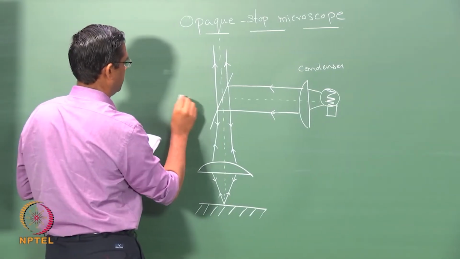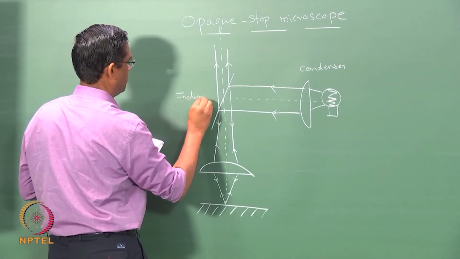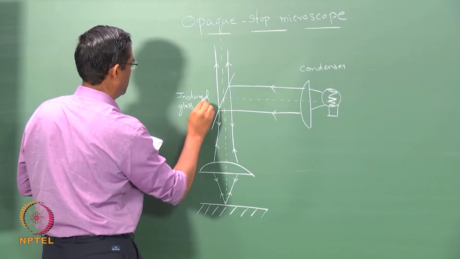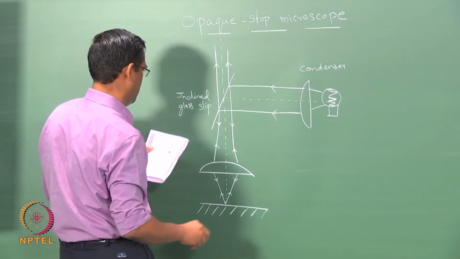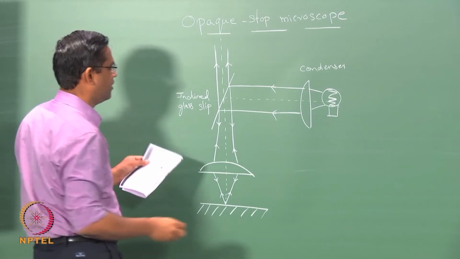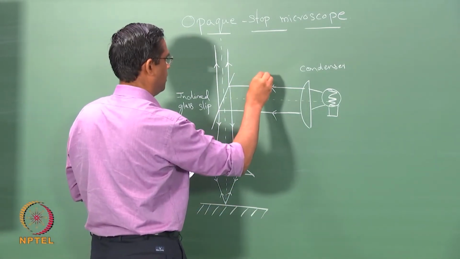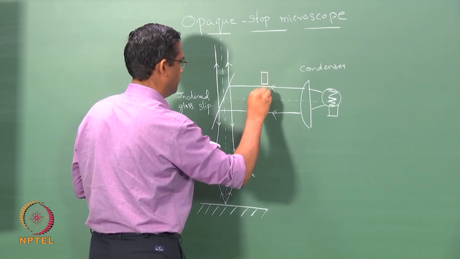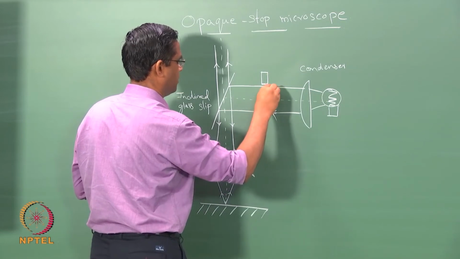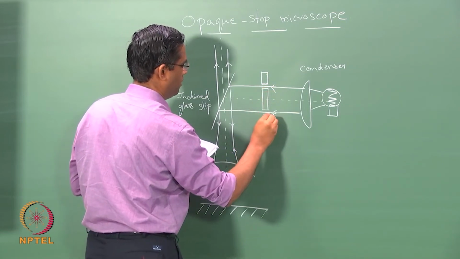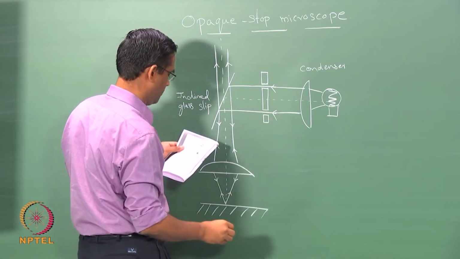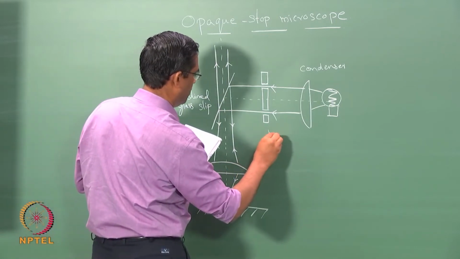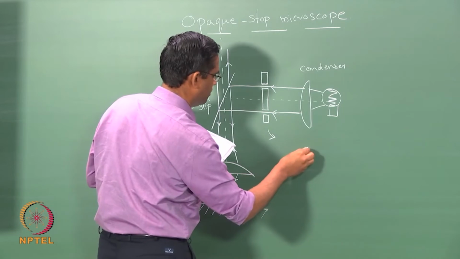So this is the inclined glass slip, and here we will introduce an annulus, which makes it different from the general bright field illumination. It will appear something like this.